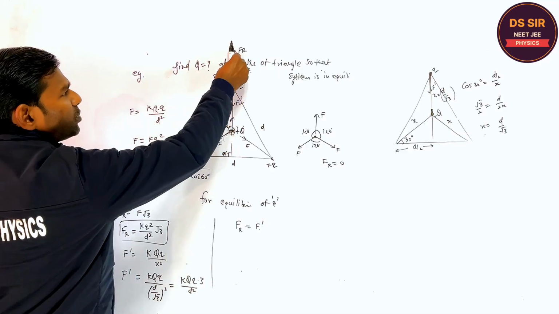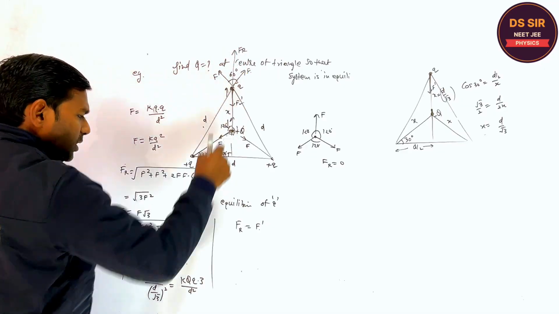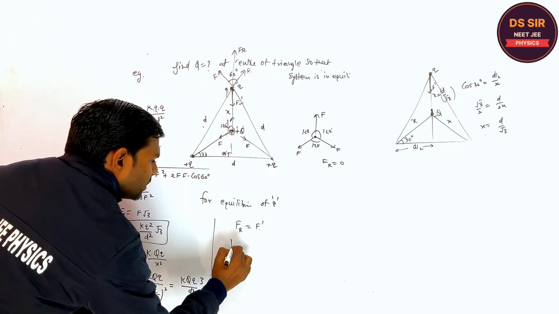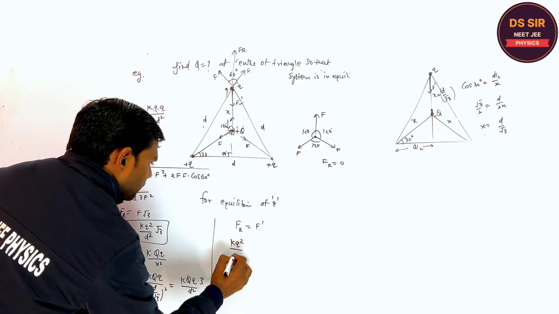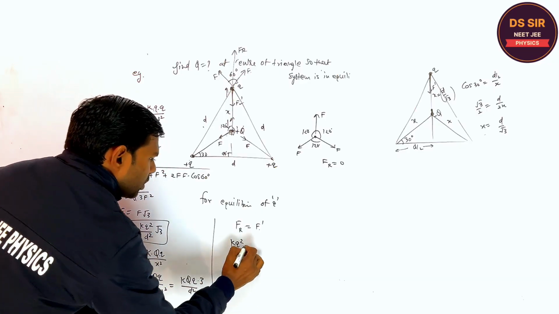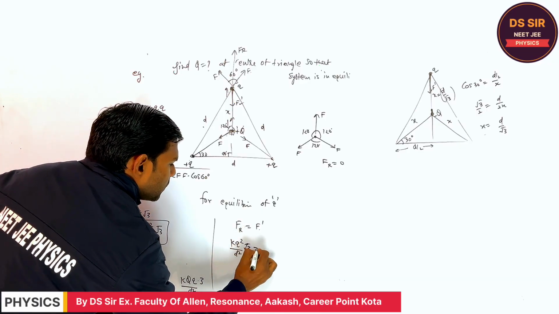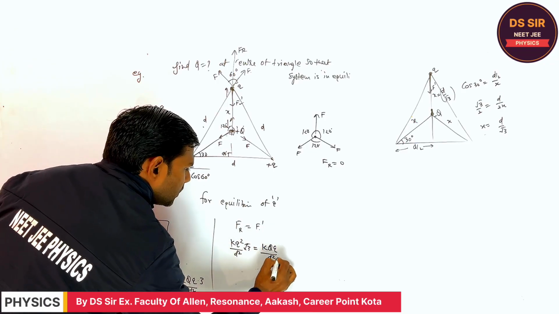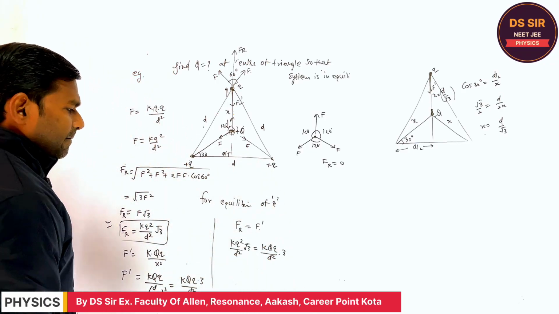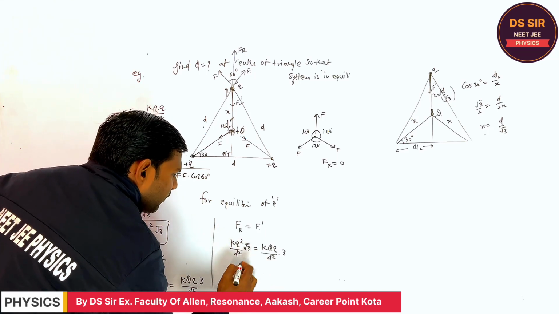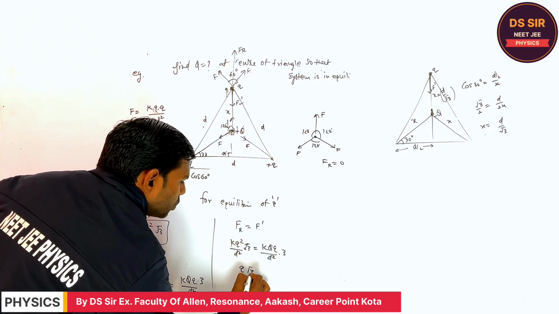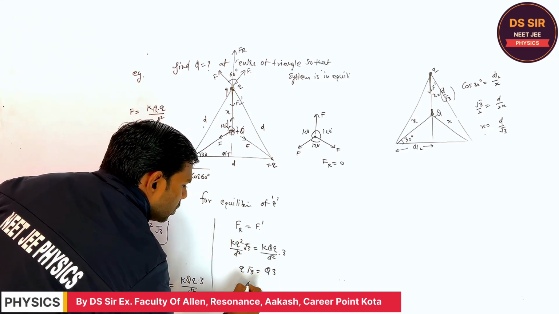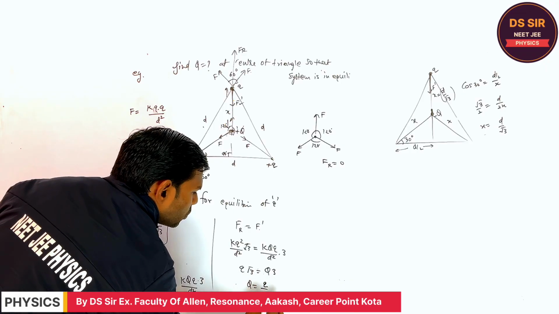This resultant force must be equal and opposite to F dash. kq square upon d square root 3. Fine. Yes. So everything will cancel. Root 3 is equal to q 3. Q is equal to small q upon root 3.